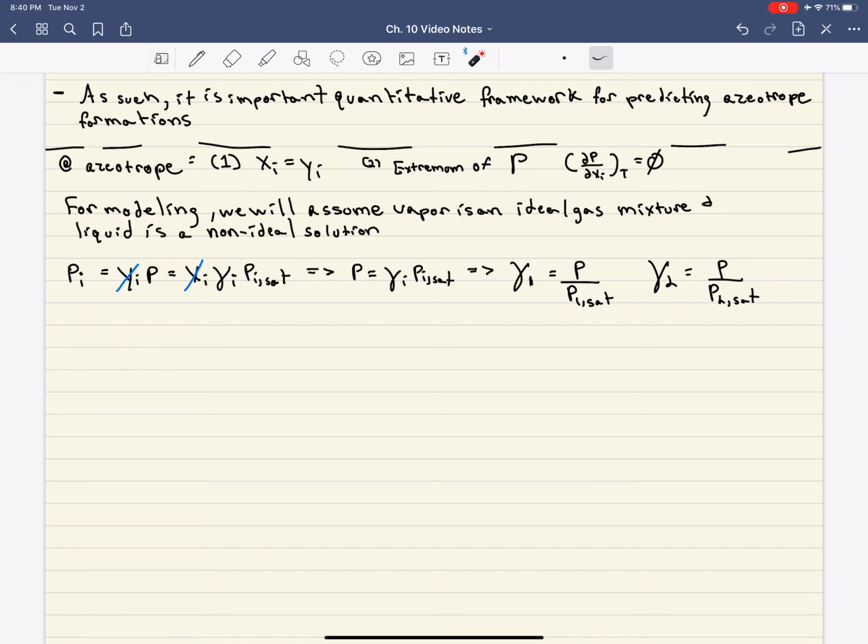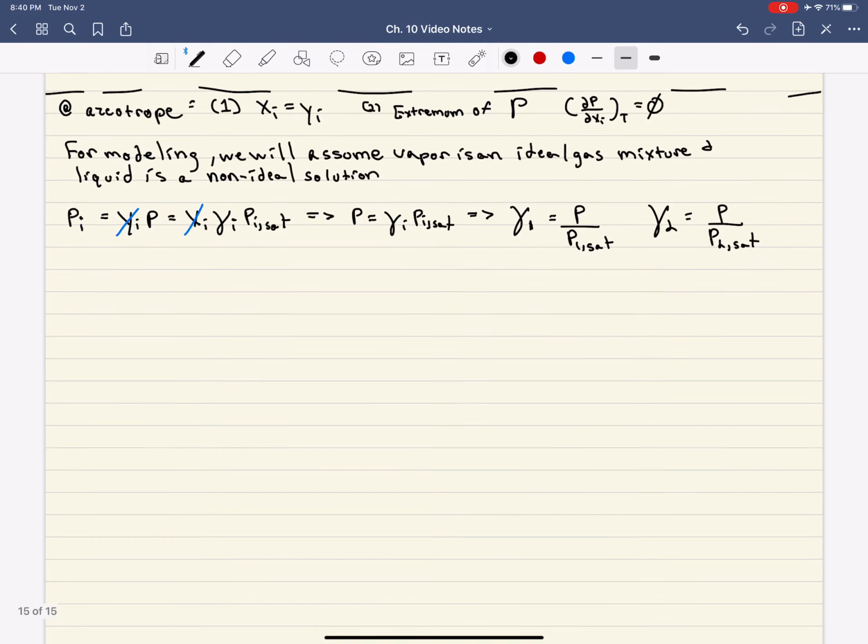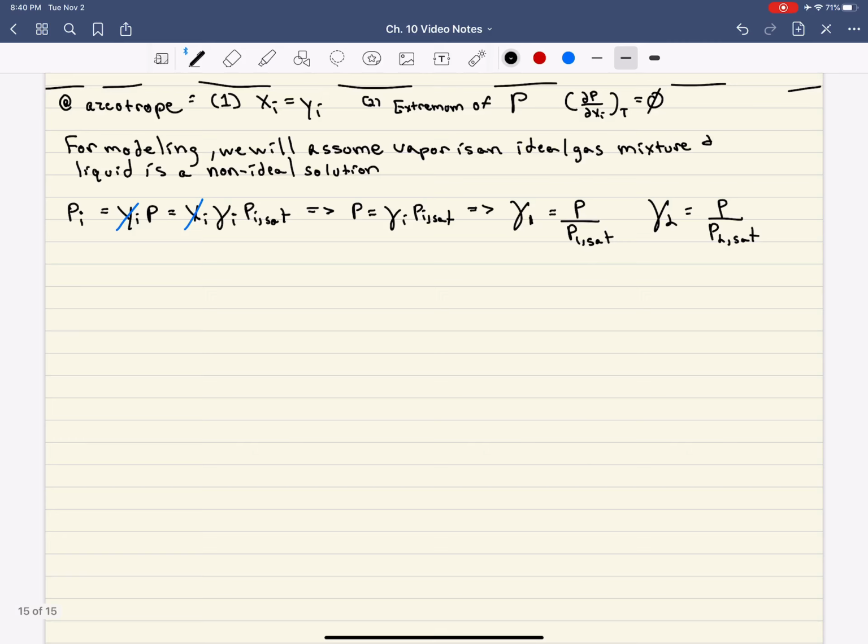But if we want to figure out at what x1 or x2 values the azeotrope occurs, we're going to need to assume some sort of functional form for our activity coefficients. So we will now need some sort of mathematical model for gamma i.